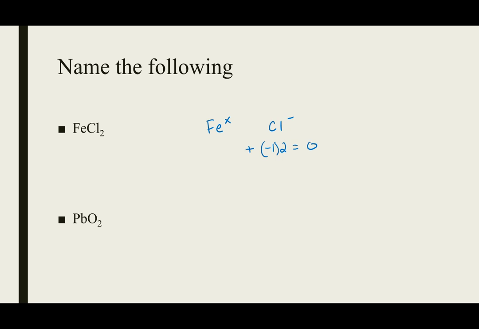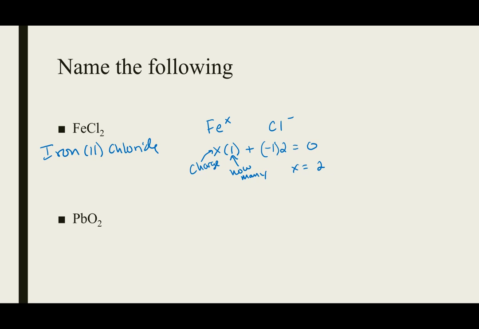I don't know the charge of the iron, but I do know there is 1 iron in that formula. And then basically you just solve for X. So in this case, X would be 2. So it's always going to be the charge by how many are in the formula, always. Okay, and then solve for X. So for this one, X equals 2. So we would call this iron(II) chloride.